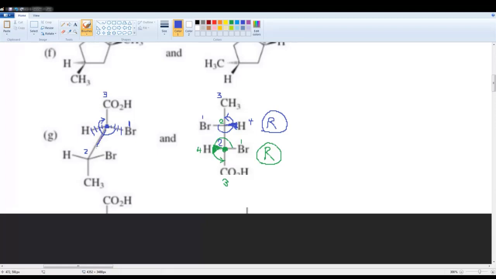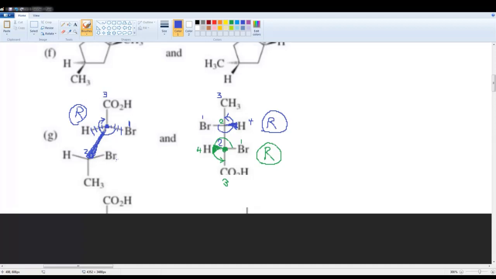In a sawhorse projection like this, the group going down is wedged. The CO2H is in the plane, and the two groups going off to the side are going back and away, so those are dashed. So anyway, this is R. This is clockwise. This is an R.